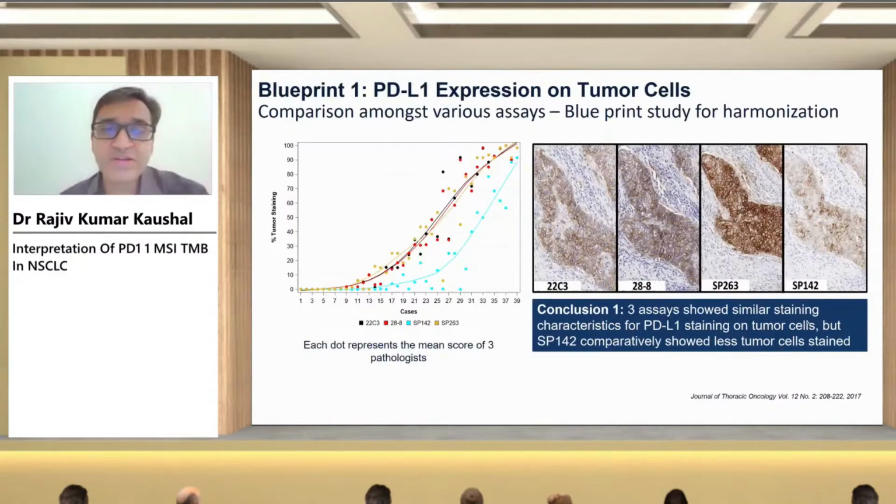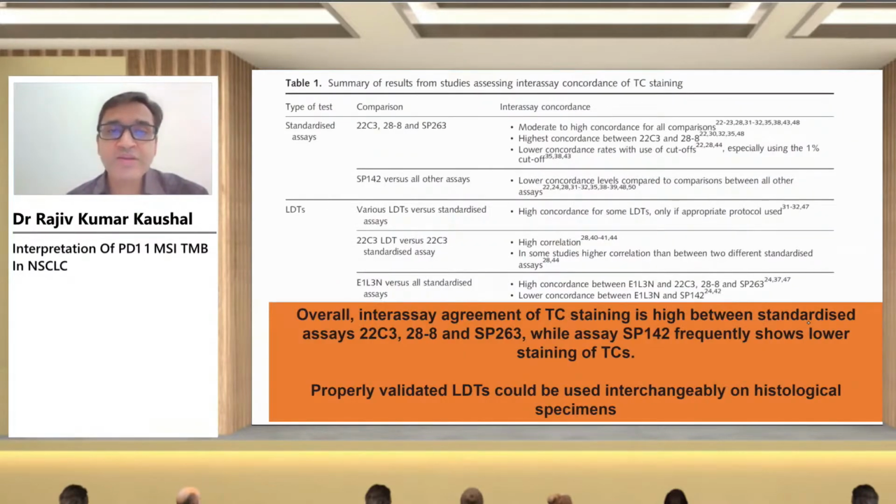That's why there is a need to see if there is harmonization or standardization across these various available assays. The initial attempts were made in the Blueprint phase 1 study, which showed that SP142 is inferior compared to the other three available clones. Subsequently, other trials have also shown that SP142 is not an ideal antibody to use, especially in the lung, and it is now no more used.